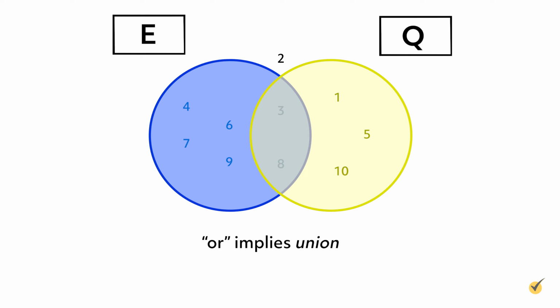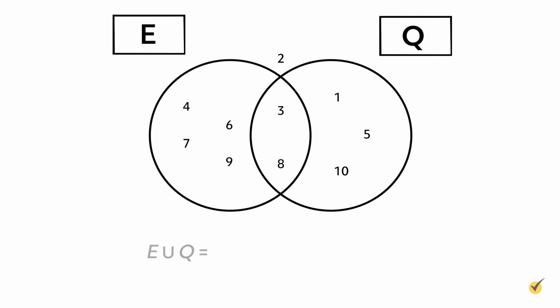In set theory problems, mathematicians consider the word "or" to indicate the element may belong to one set or the other, or to both, as long as an element belongs to at least one of the considered sets. So which solutions were effective or quick? Which elements are in E union Q? We can see from our Venn diagram that all solutions except for 2 were considered effective or quick.